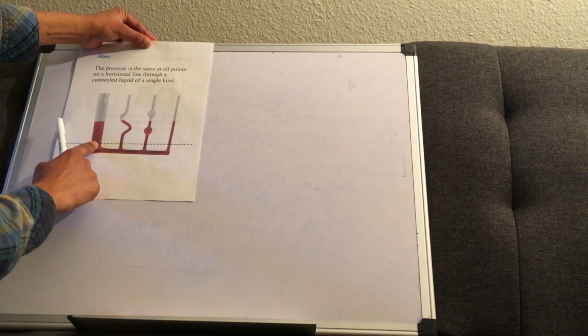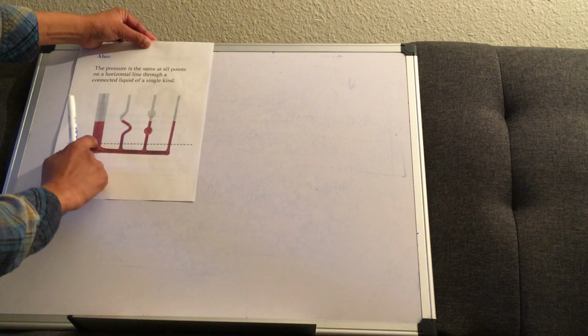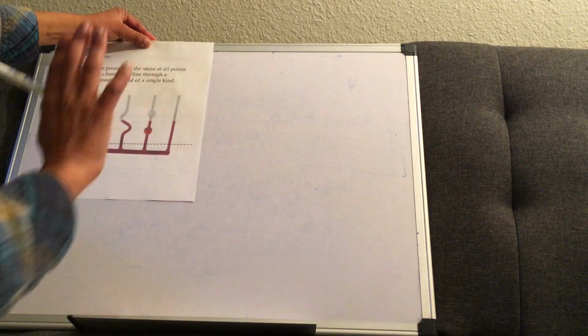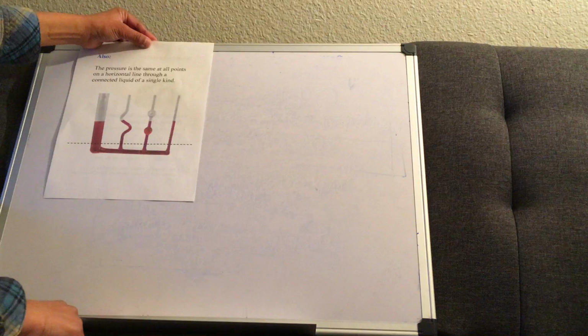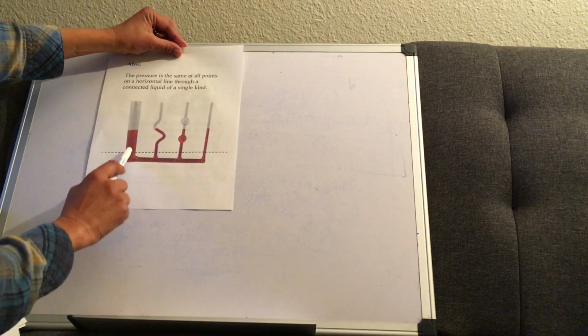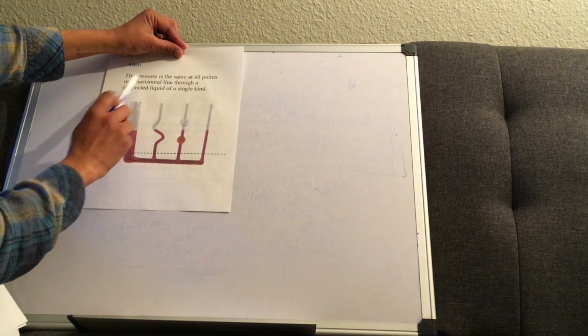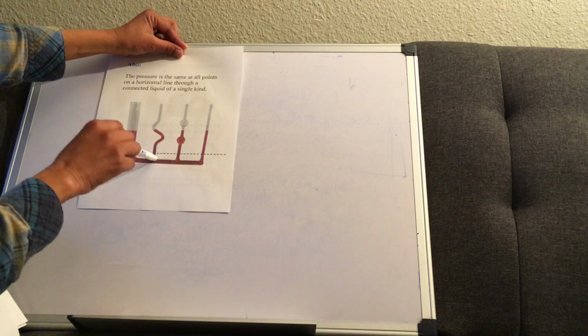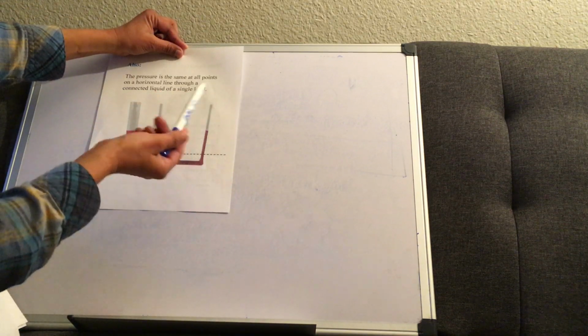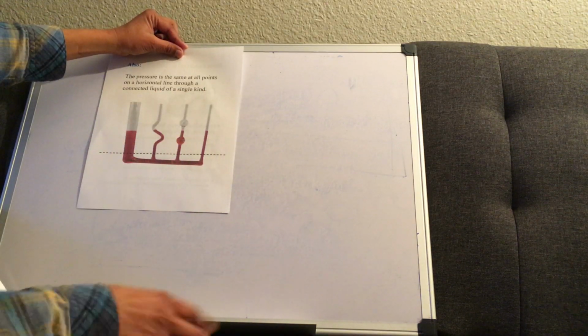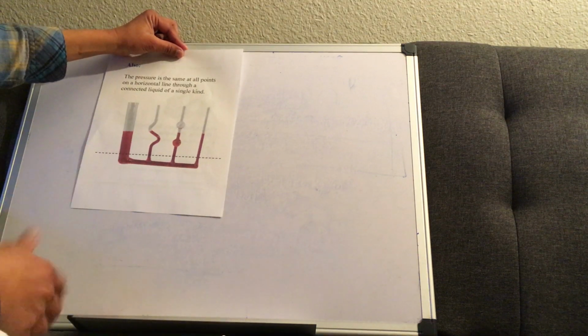Irrespective of which tube we are in, the pressure at the same height is equal. Important thing, this liquid has to be of a single kind. If we had something else here, maybe kerosene oil or gasoline, it would not be the same case.